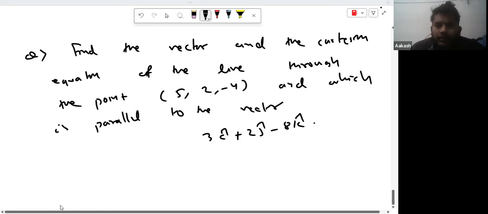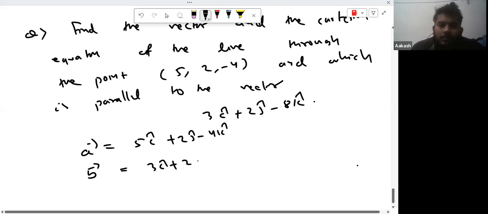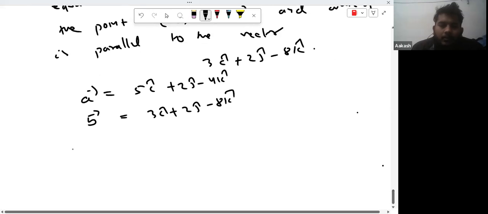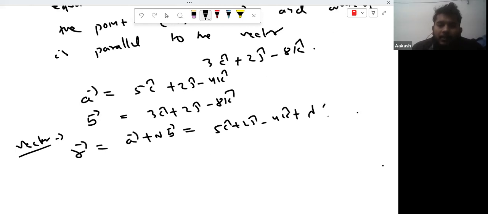Okay, Devora, good answer. So here A vector is 5 i cap plus 2 j cap minus 4 k cap, and B vector is 3 i cap plus 2 j cap minus 8 k cap, right? So R vector will be equal to, in vector form, A vector plus lambda times B vector, which is 5 i cap plus 2 j cap minus 4 k cap plus lambda times 3 i cap plus 2 j cap minus 8 k cap.